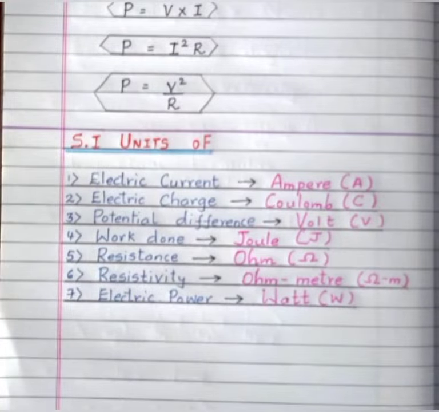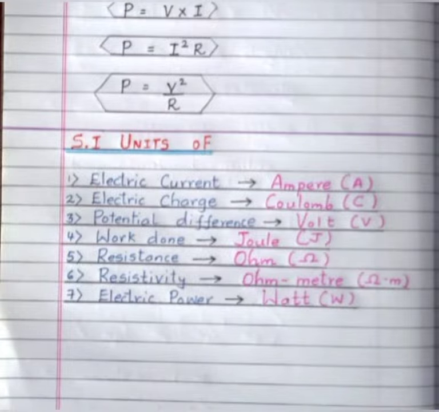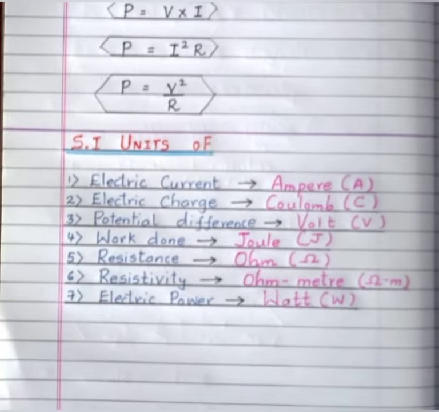Students, it is very important to learn SI units. After solving the numericals, you should write the SI unit which carries half marks. SI unit of electric current is ampere, A. Electric charge is coulomb, C. Potential difference, volt, V. Work done, joule, J. Resistance, ohm, resistivity, ohm meter, electric power, watt.